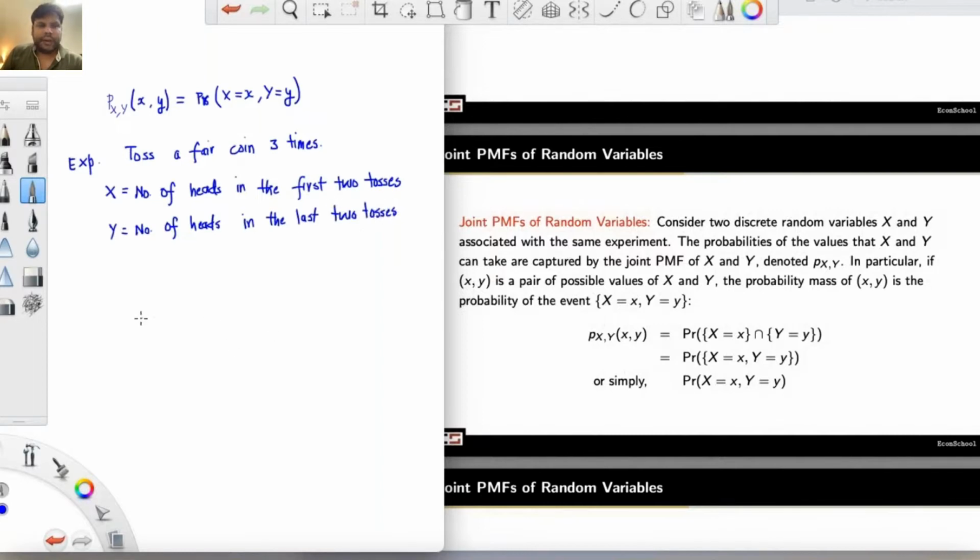The question is to find the joint probability mass function of X and Y. So we want to figure out what this function is.